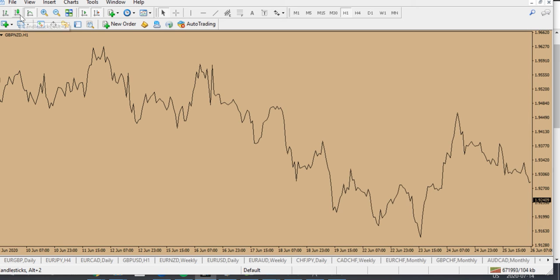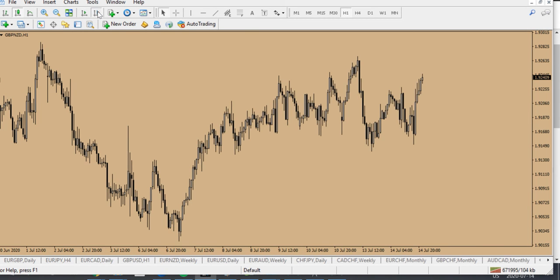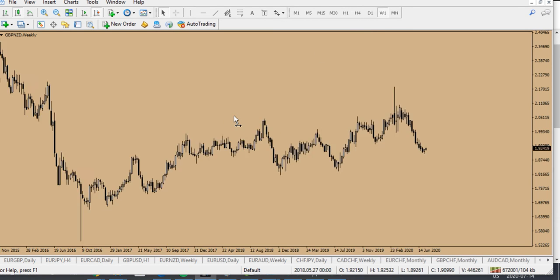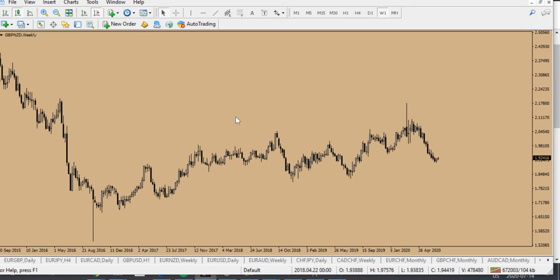Now let's look at GBPCAD trend line. Seems to be going up, if it's following the trend line, the weekly trend line.